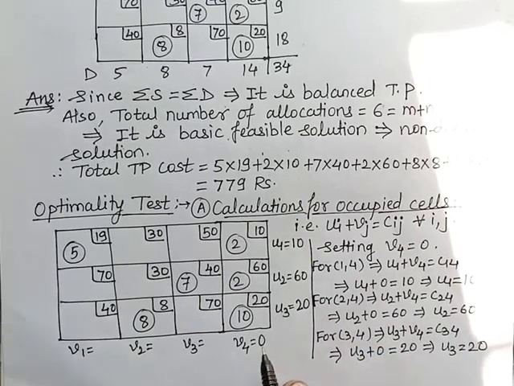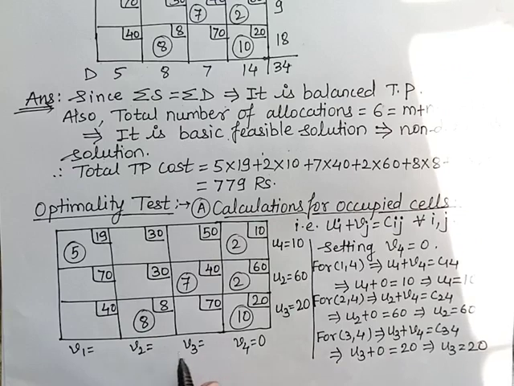Okay, now once we get ui's, we can easily get vj's also. Now v4 is already 0, we have to determine these three only.